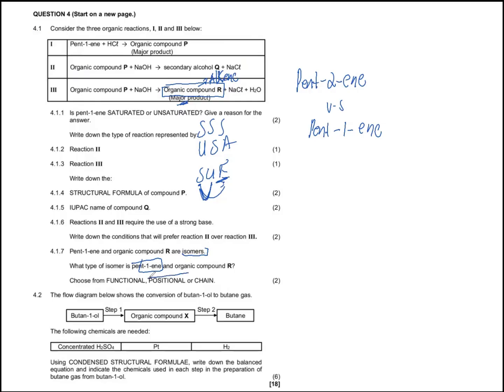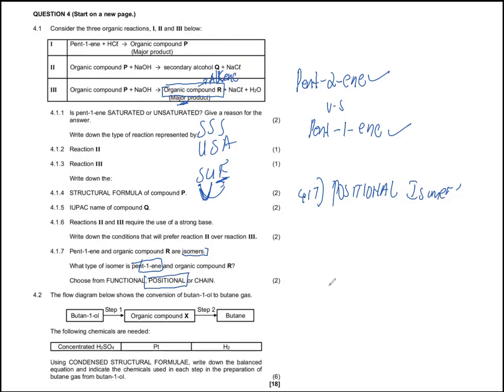Obviously, positional isomers, because the only difference here is in the position of the functional group. Here we have the double bond on the first carbon, but here we have the double bond on the second carbon. So the difference is in the position of the functional group. So we go with positional. 4.1.7, that's a positional isomer.